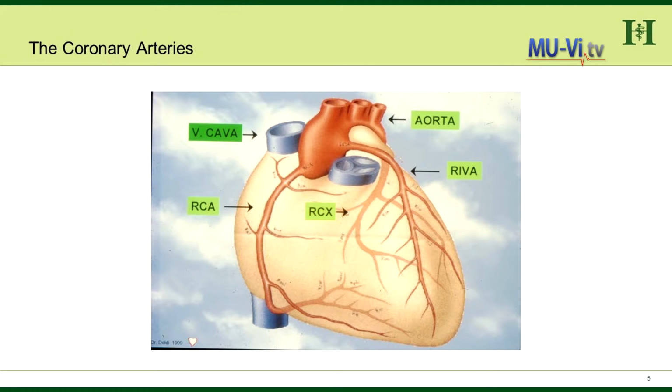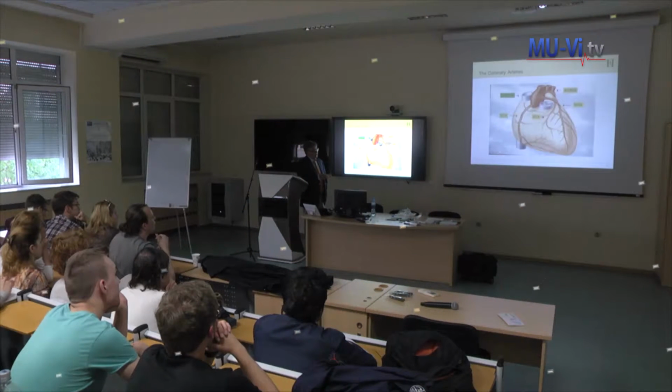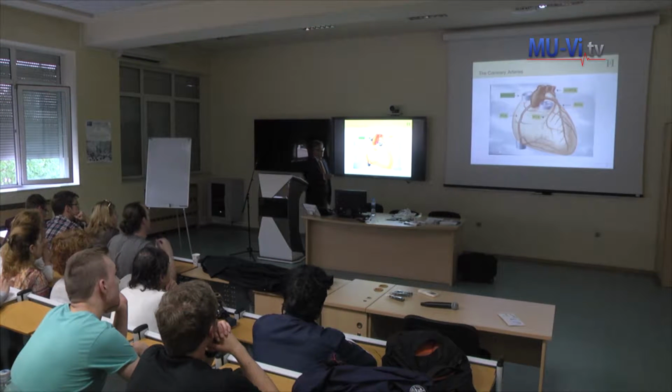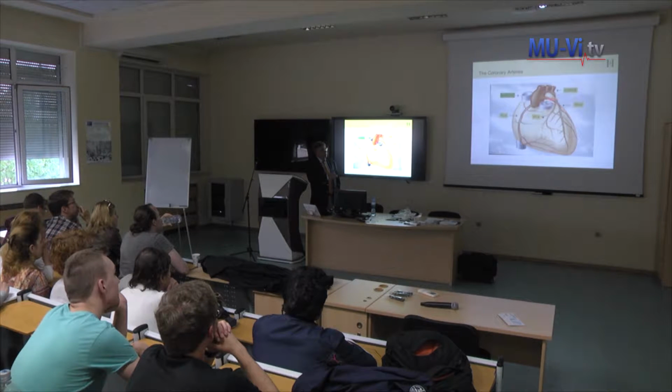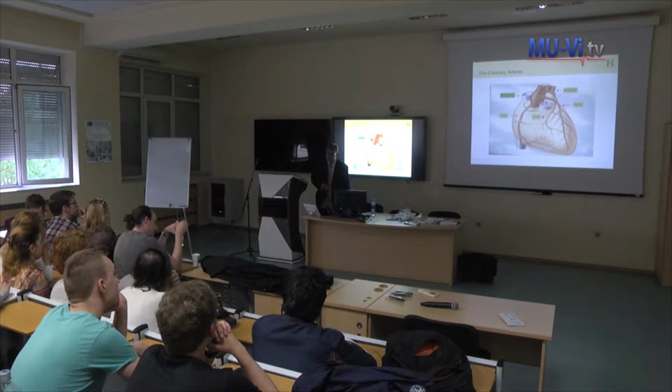On the right-hand side, you have the RCA. It's Latin. Normally it's Latin, but in English it's right coronary artery. On the left-hand side, the main branch here, and afterwards the LAD, or ramus interventricularis anterior. LAD means left anterior descendant, or the ramus circumflexus. I think it's called circumflex artery, isn't it? Okay.